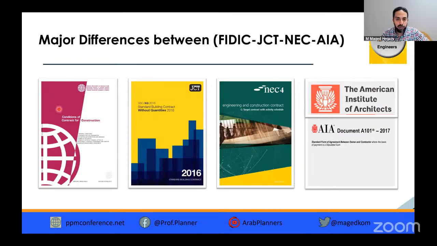So we have the FIDIC Red Book for construction, and GCT, from which we have the standard building contract without quantities. For NEC we have the NEC engineering and construction contract, Option C, target contract with activity schedule. And from the American Institute of Architects we have AIA Document A101 2017, standard agreement between owner and contractor for a lump sum contract or stipulated sum.